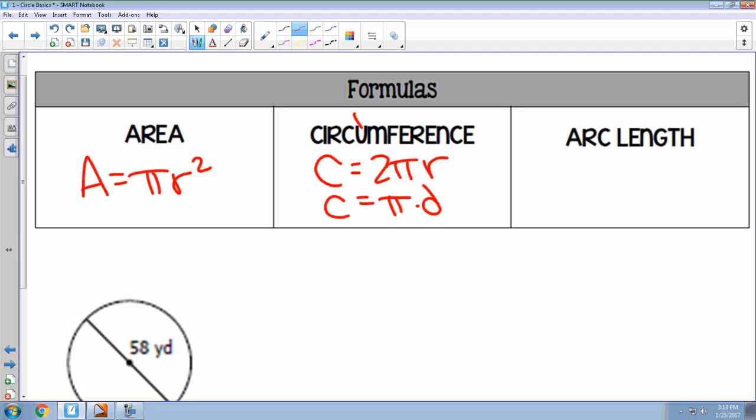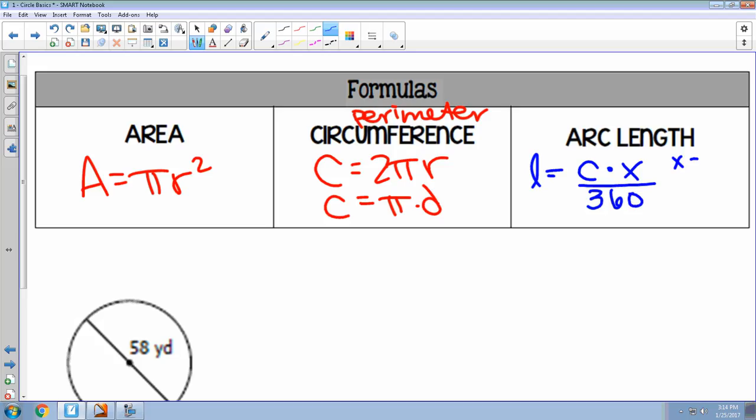Remember, circumference is the same thing as perimeter, but we call it circumference because it's a circle, so it's not a straight line distance, which is what perimeter would assume. Arc length is the last thing. It is the actual length of any arc in, say, meters or centimeters or inches. Your arc length is found by doing your circumference, so over here, times an x, that I'm going to tell you what it is in a second, and divided by 360.